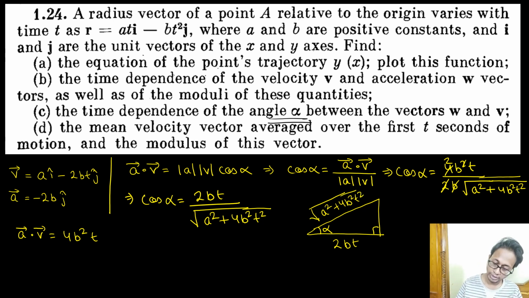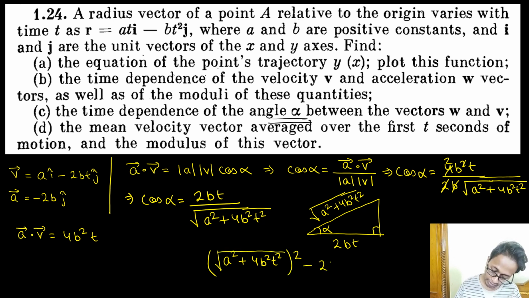So what is this perpendicular? By Pythagoras theorem, perpendicular square plus base square is equal to hypotenuse square. So a square plus 4b square t square under root whole square minus 2bt whole square is nothing but a square, so our perpendicular would come as a.